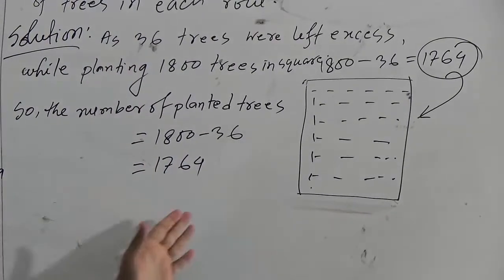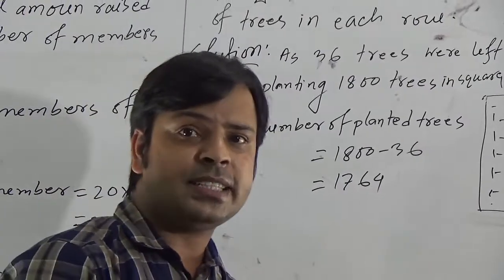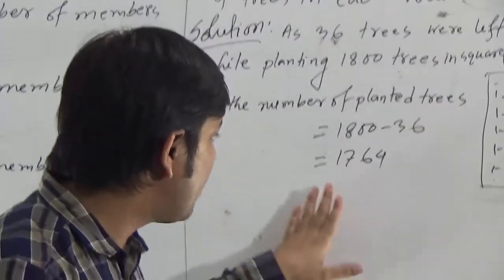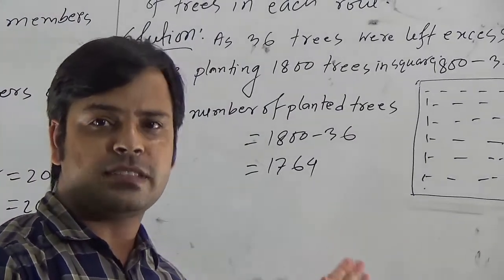Now, the number of trees in each row will be the square root of the planted trees.